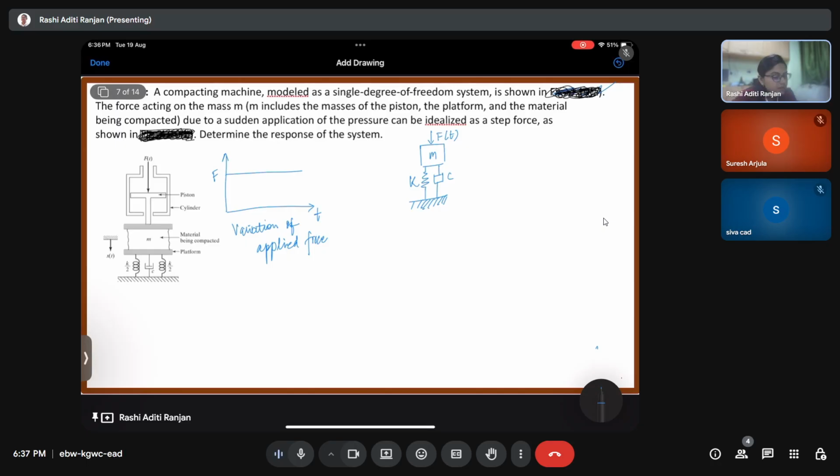So if I consider an arbitrary variation of force F with respect to time, let us say something like this, and if I consider a small part over here, let us say it is happening at some tau, and this is tau plus delta tau, and this is some F. Now we have to find out the solution.